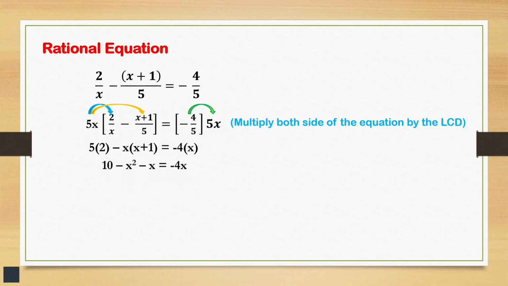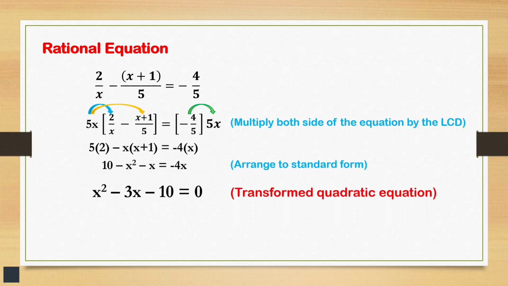And simplifying this, we have 10 minus x squared minus x equals negative 4x. If we arrange this into standard form, it will become x squared minus 3x minus 10 equals 0. And this is the transformed quadratic equation.